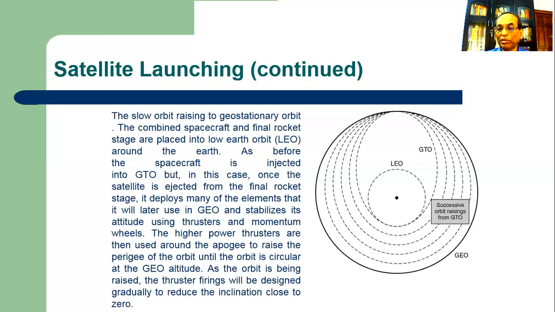And when it arrives in the geostationary Earth orbit, for the fine adjustment of the rotational plane, the fine adjustment is carried out by the thruster, and the orbit is raised and perfectly matched with the GEO. Inclination will be 0 there.